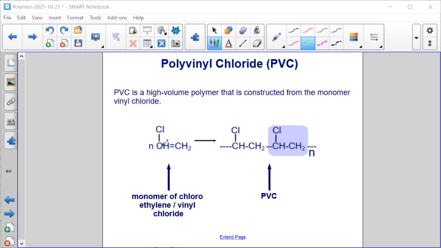So n number of monomers of that. Through some catalyzing process, we can break the double bond to create another single bond to attach another vinyl chloride molecule or monomer. So again, this is with the double bond removed, and then repeating over and over and over and over again. That long chain polymer is known as polyvinyl chloride, or PVC.